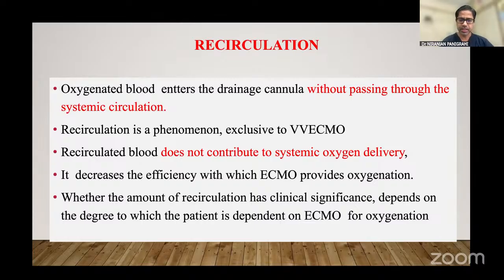That means the oxygenated blood becomes ineffective, as instead of entering the systemic circulation, it enters into the ECMO machine. That is a problem. It is a very common problem, and there are ways to find it.